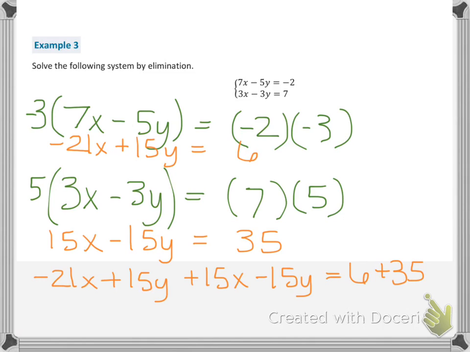And so I end up with a simplified equation with one variable that's going to be negative 6x is equal to 41.